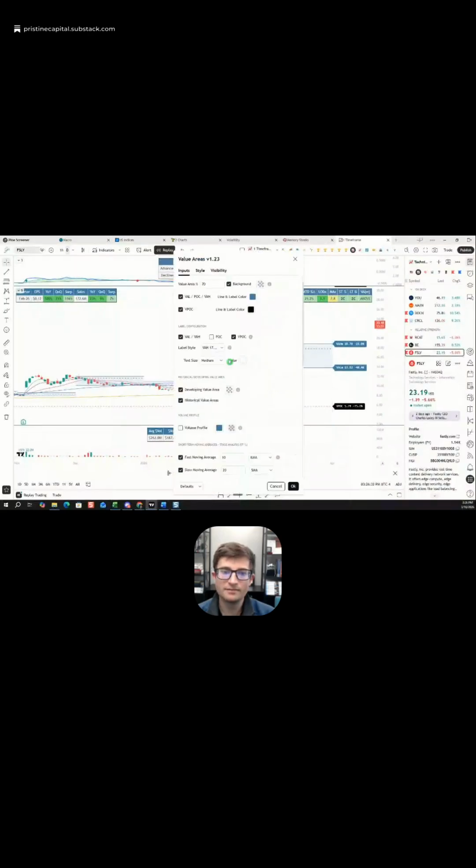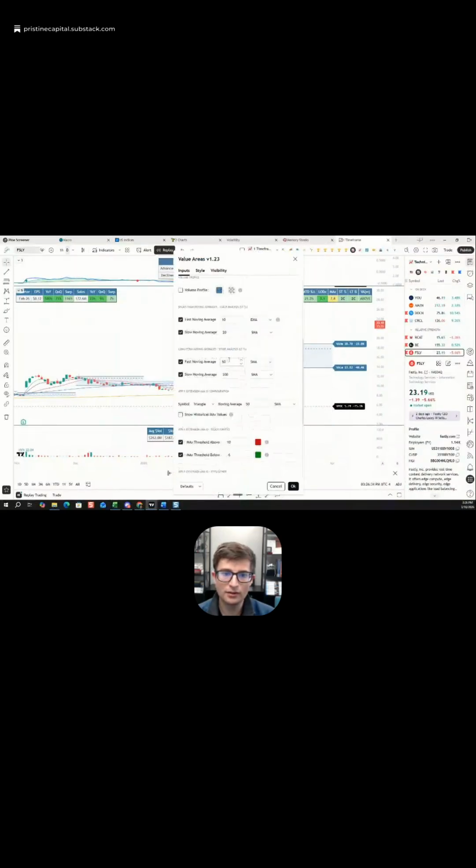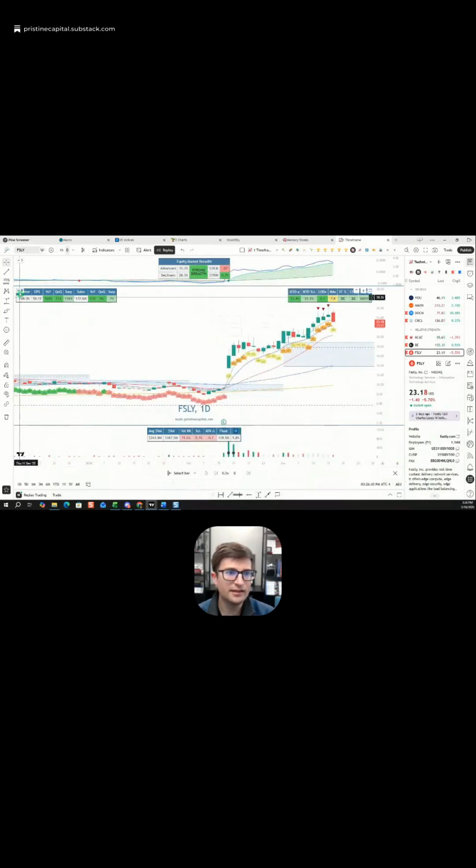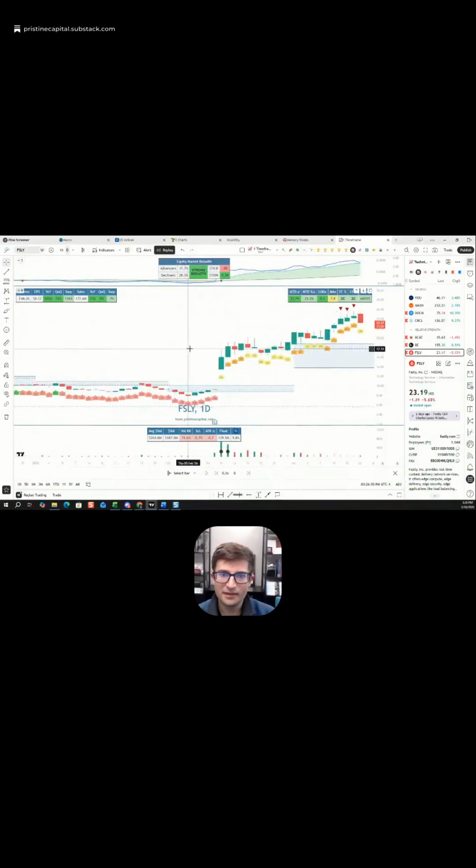But if I go into my indicator, I'm going to turn on the historical MAX values. This is something I just added to the indicator set. This is obviously very noisy to have on your chart all the time, but it's awesome for studying stocks.